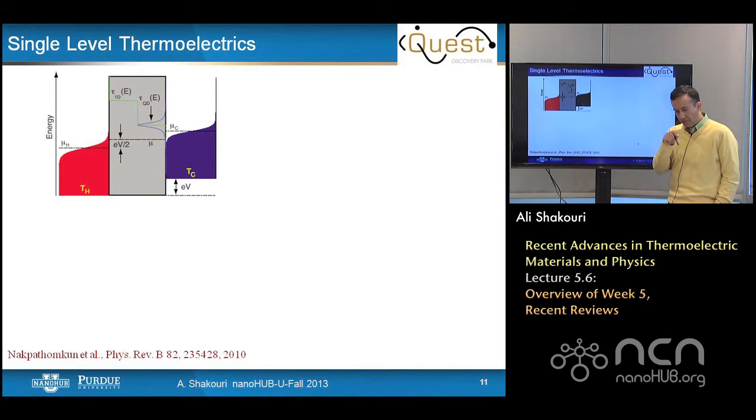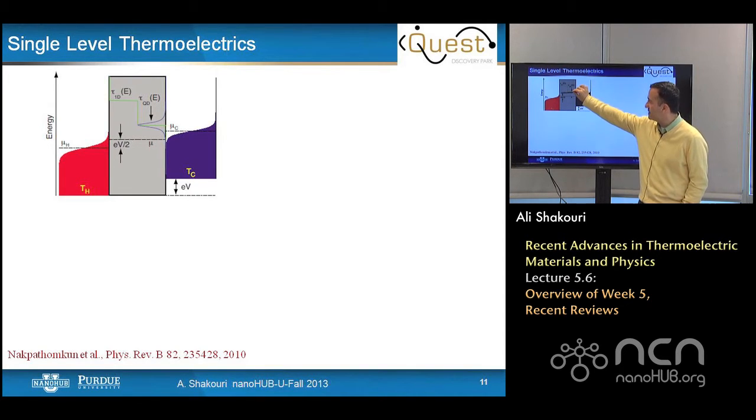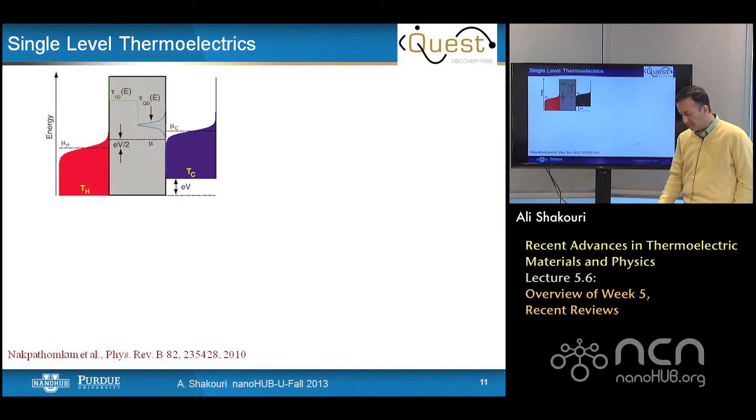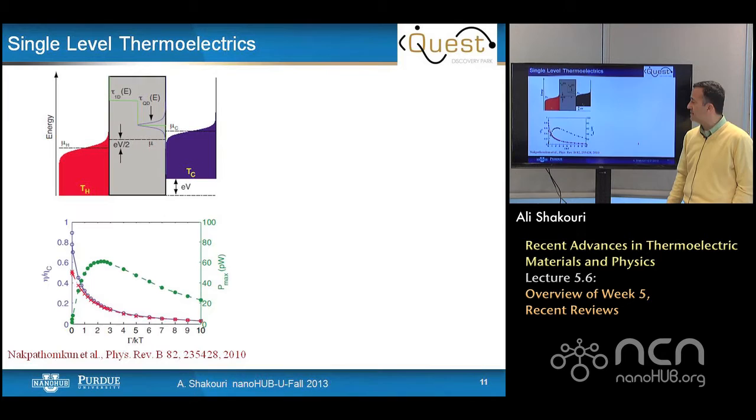Then one of the last areas that we discussed this week was going back to the single level thermoelectrics. If I have a single atom in contact with two reservoirs and I consider the broadening that happens because of this coupling, this is exactly the type of Landauer formalism that Professor Datta introduced in week 1.